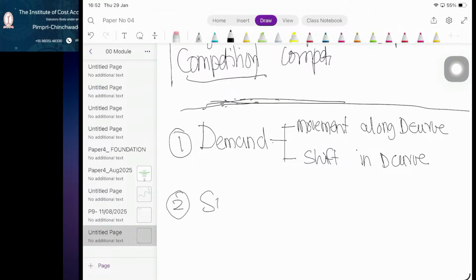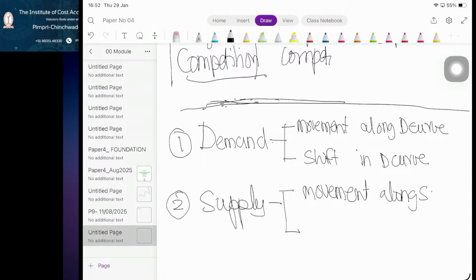Then I described supply. For supply we saw movement, what is extension and what is contraction along the supply curve. But we did not discuss what factors determine shift in the supply curve.